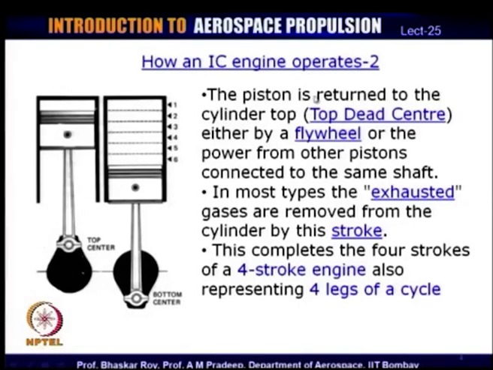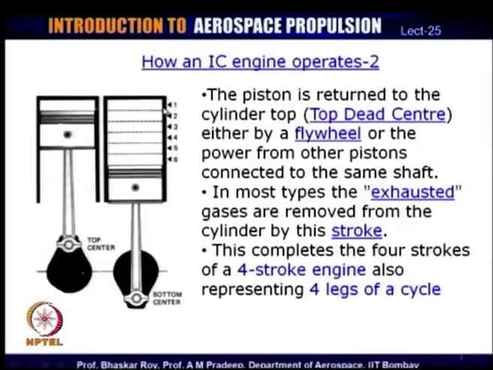In this exhaust stroke, the piston now starts moving upward, okay, and as it starts moving upward, the gas which fills the entire cylinder gets exhausted through one of the exhaust valves, and as a result the used up gas is now sent out of the cylinder.